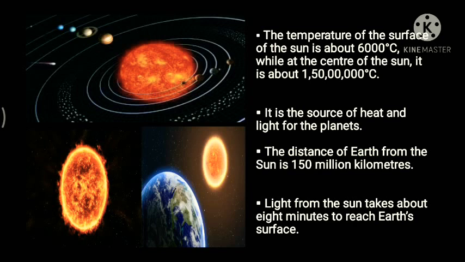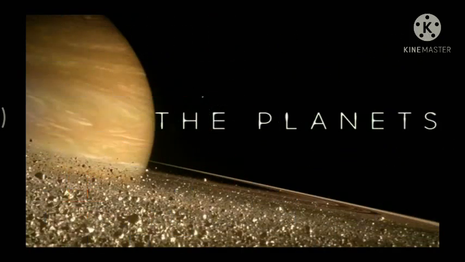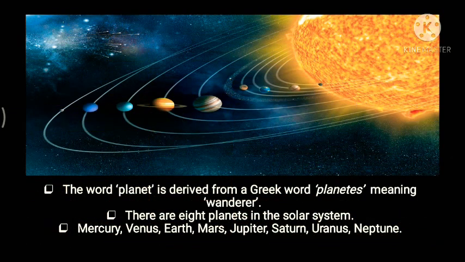Next up we have the different planets. The word planet is derived from a Greek word planetus, and its meaning is wanderer. There are 8 planets in the solar system.